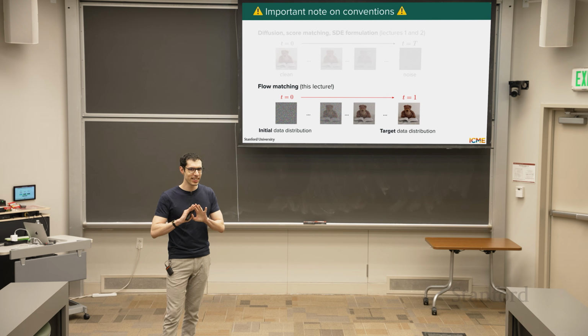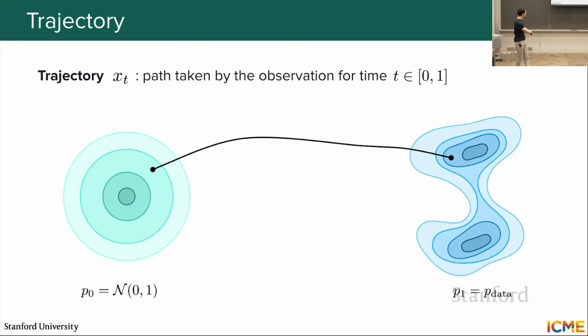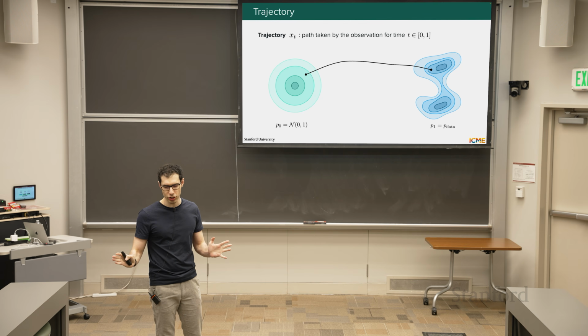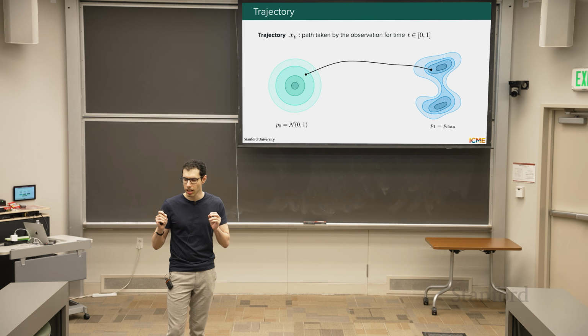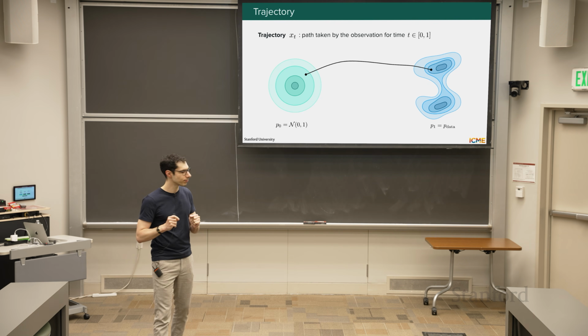Cool. So with that warning aside, what we want to do is to sample an observation from our initial data distribution and then map it to the target data distribution. So in order to do that, we're now going to go through some common notations. And the first one is called the trajectory.